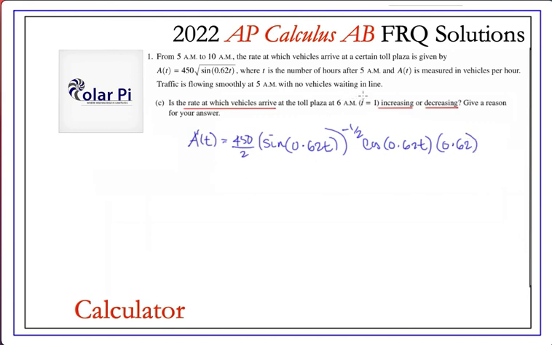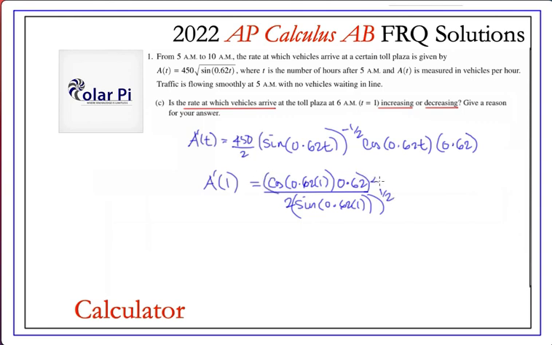Now this is A prime, and we are interested in t equals 1. So we want to know A prime of 1, which is just plugging in numbers: cosine of 0.62 times 1, times 0.62, divided by 2 times sine of 0.62 to the 1/2, and this whole numerator is multiplied by 450.